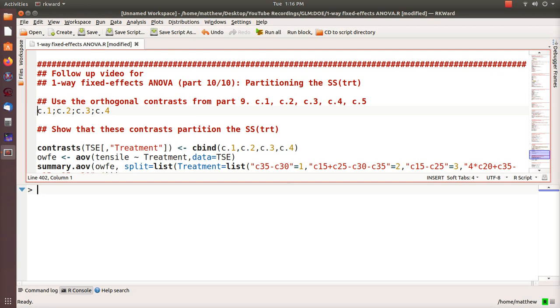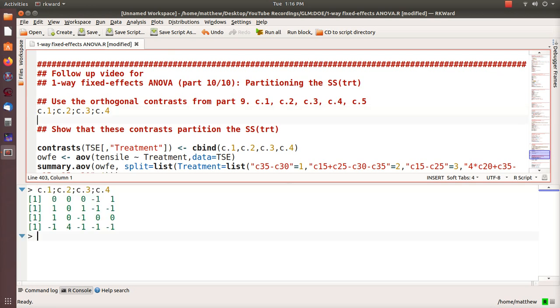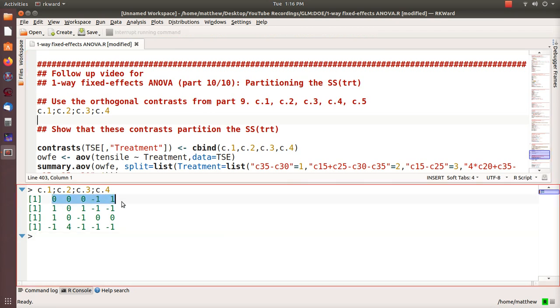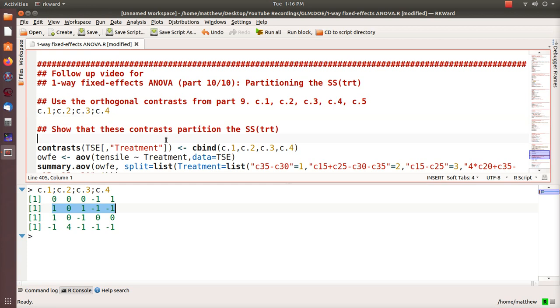Now in part 9 we develop these four contrasts. The rows, the way that I've printed them here, this is a contrast. Notice that the components sum to 0, and the same way for the other four. Now these were generated randomly, and generate means I just thought them up, so it's really for illustrative purposes.